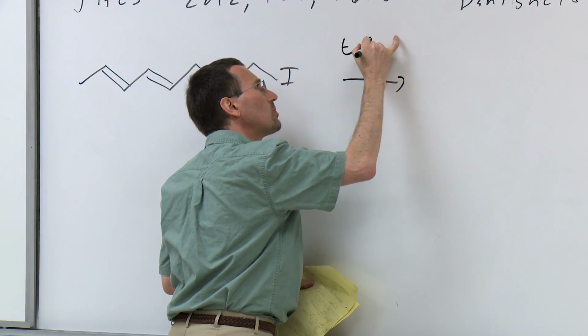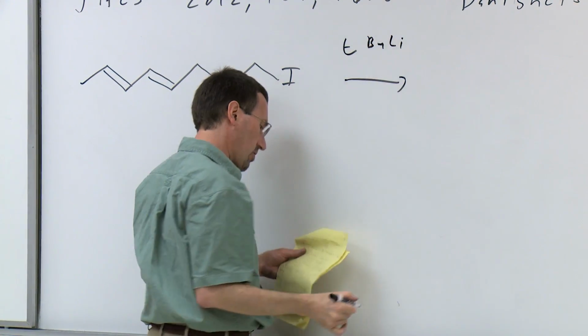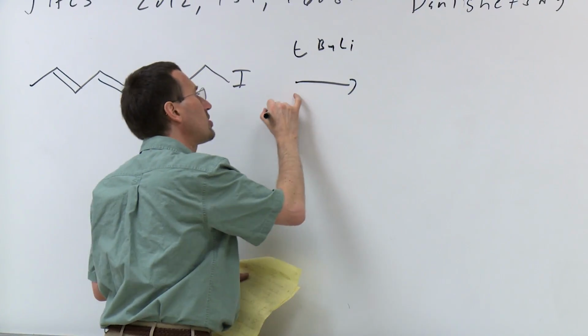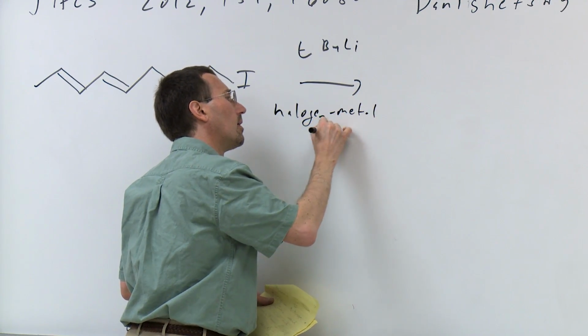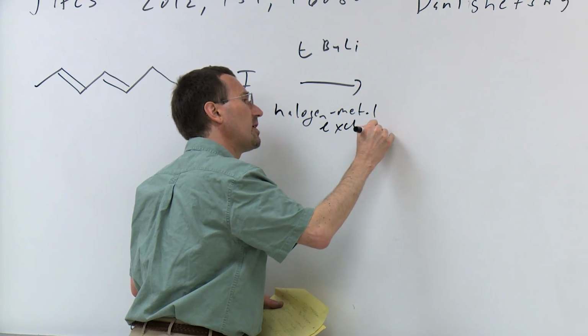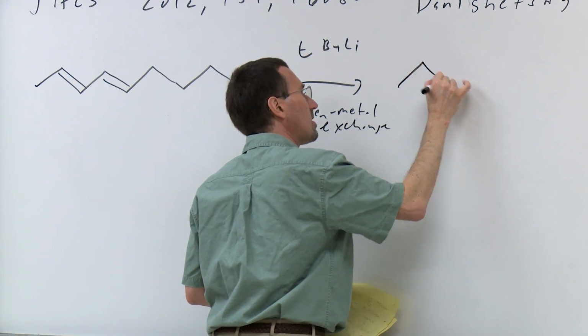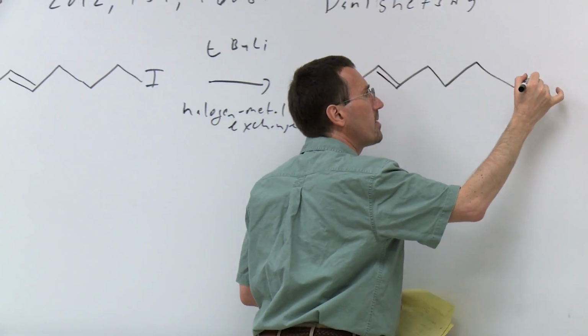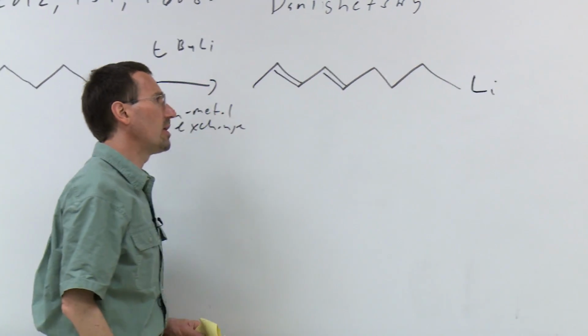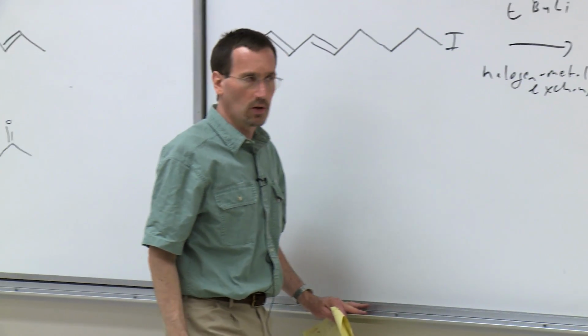In practice, what the Danishefsky group did was a halogen metal exchange reaction. Tert-butyl lithium is super basic. Almost any other alkyl lithium is less basic than tert-butyl lithium. So they generate the tert-butyl lithium.